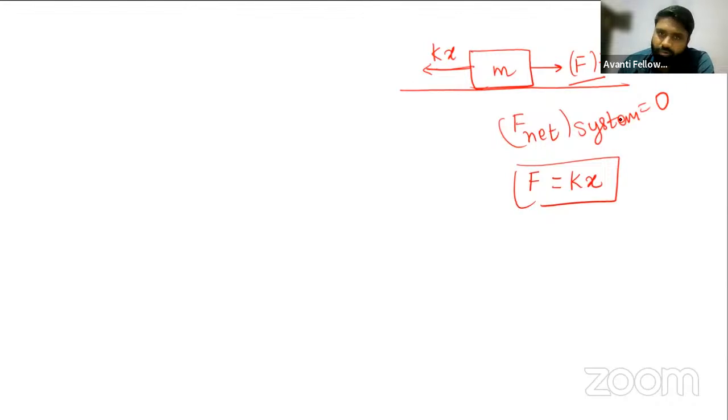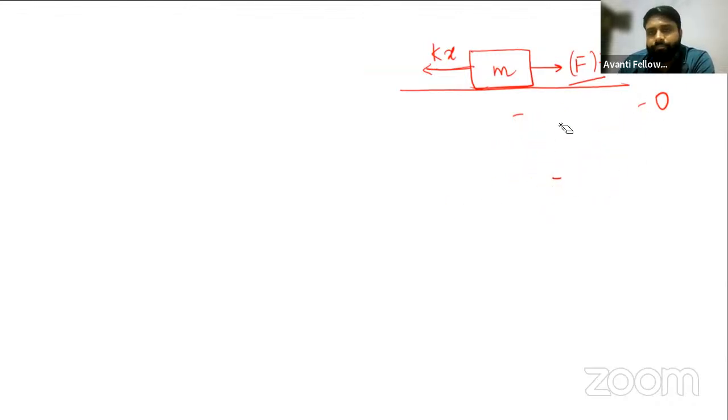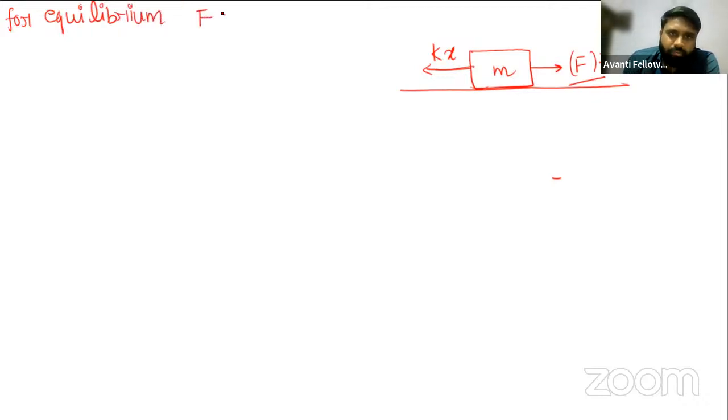Okay? Got it? So this is the condition for equilibrium. You can say this force F is exactly equal to kx. So from here you can calculate the value of x, which is F by k.